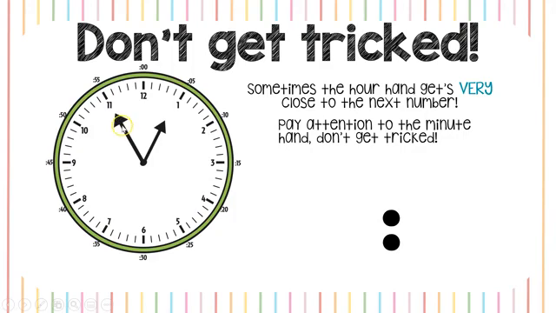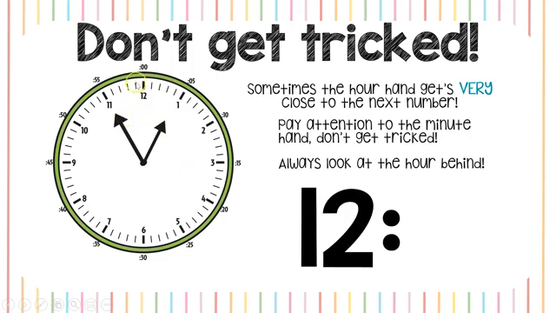If that minute hand hasn't quite reached the 12 yet, then we still have to use the number that's behind that we've already passed. We still haven't gotten to that 1 o'clock hour yet because our minute hand hasn't reached the 12. You always want to look at the hour behind, even though it's really close to that 1.